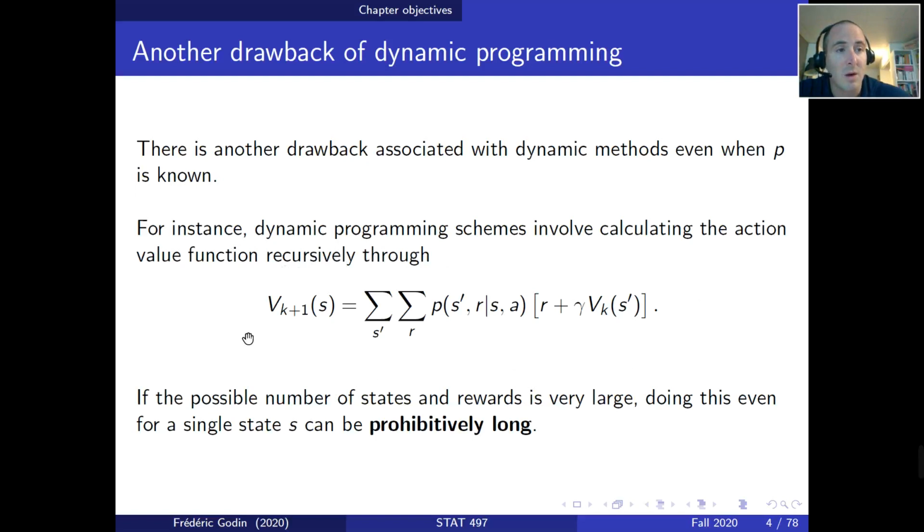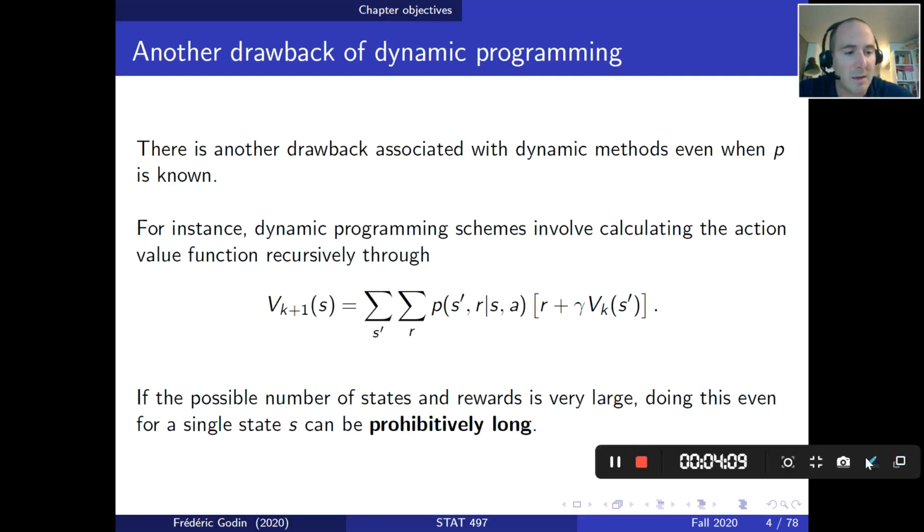For a state S, the next estimate of the value function involved summing across all possible next states and all possible actions of the next reward plus the discount factor times the value function estimate at the next state, and these values are of course weighted according to their probabilities.